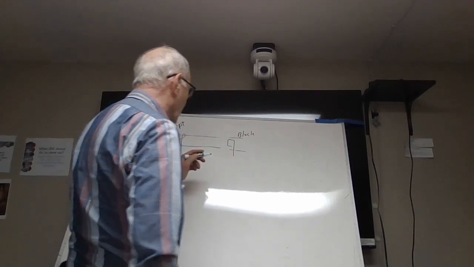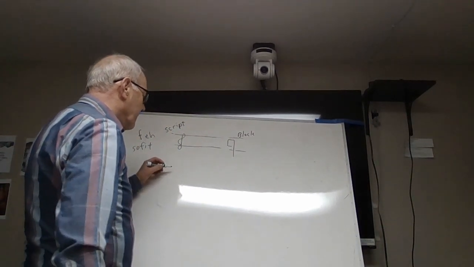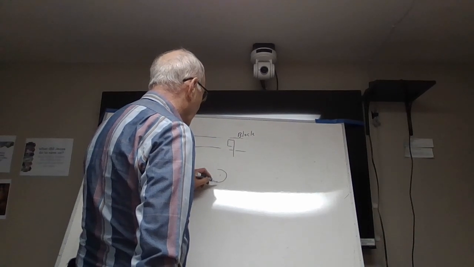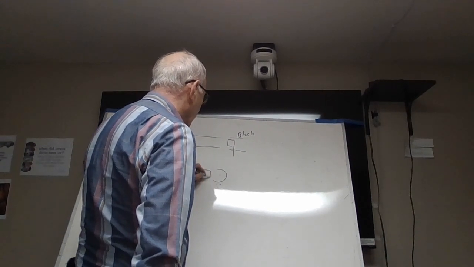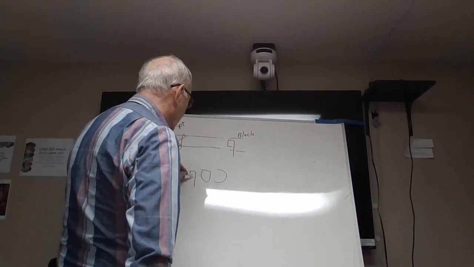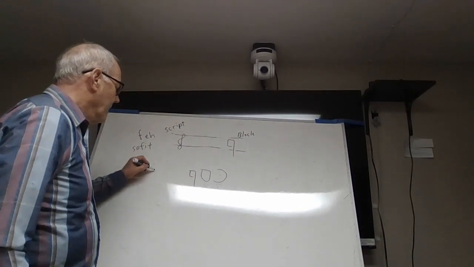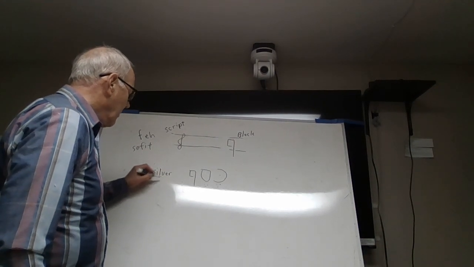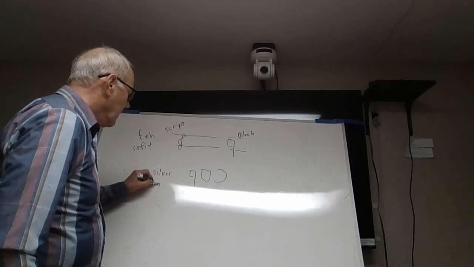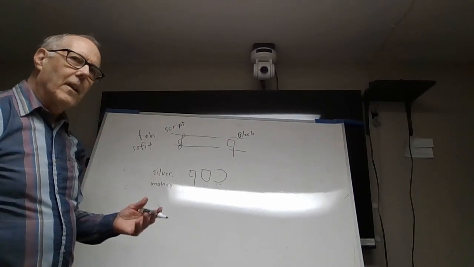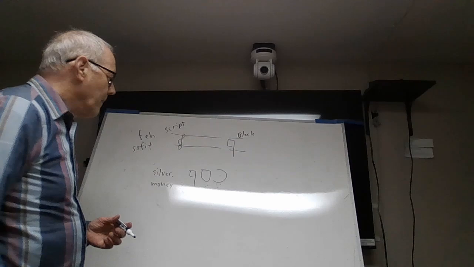There's no dot, of course. And we have a beautiful word for that: kesef. Kesef means silver. It also means money, because money was in silver, and also in gold. It could be either.